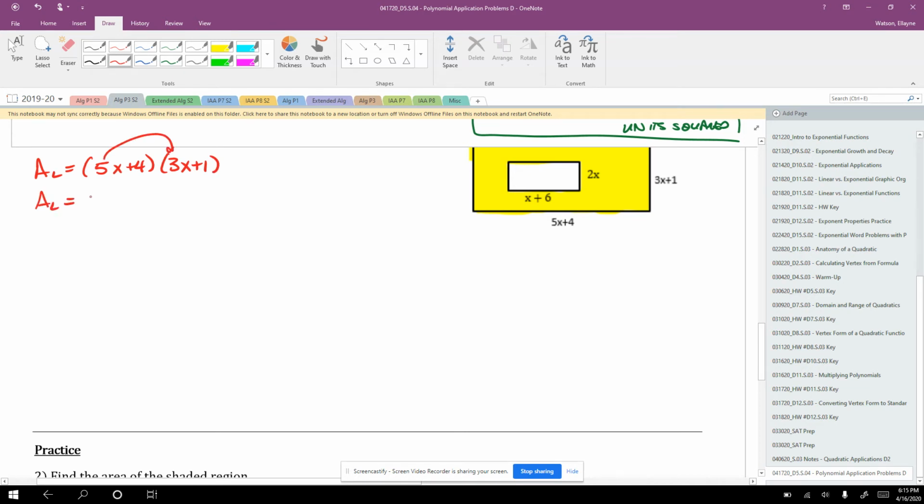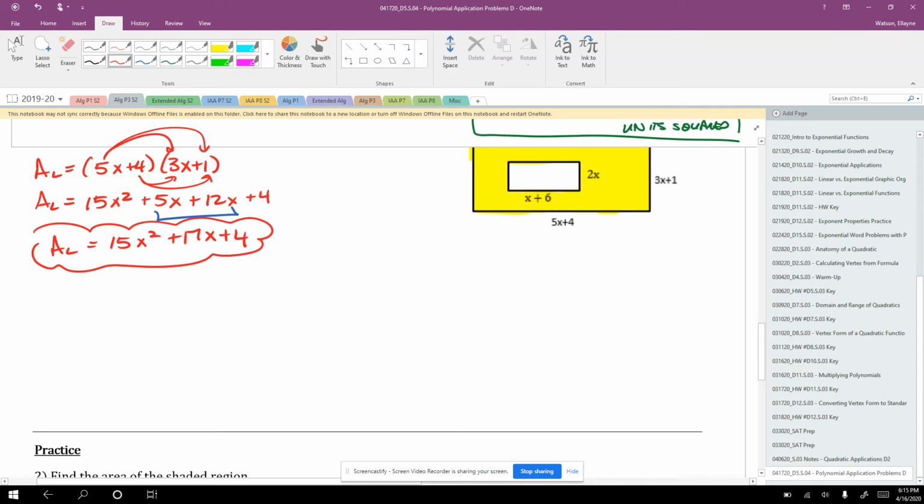Okay, multiply the first two. You get 15x squared. Multiply the 5x to the 1, I get positive 5x. 4 times 3x, I get positive 12x. And 4 times 1 is plus 4. Look for those like terms and combine them. I get 15x squared plus 17x plus 4.